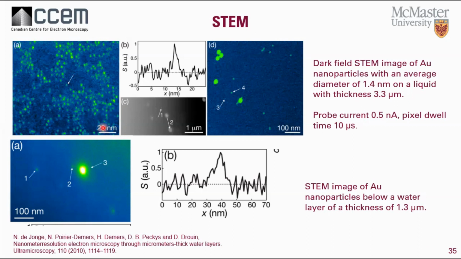So for high magnification, the particles were dissolving in the water. In the image below here, we have the gold particles below the water level of like 1.3 microns. The thickness of the liquid was measured by tilting the specimen and measuring the beam current.